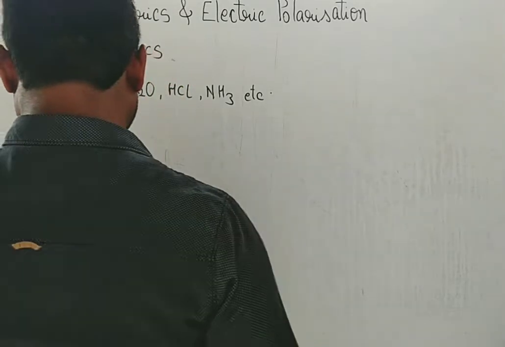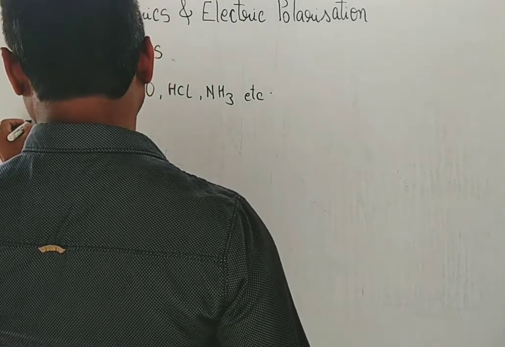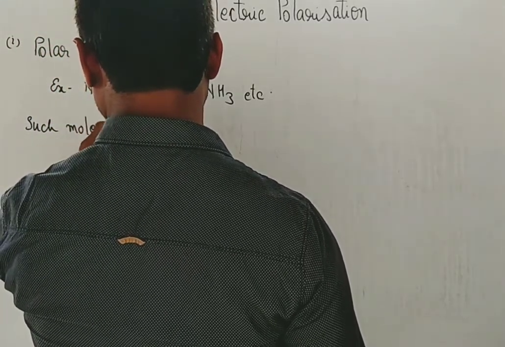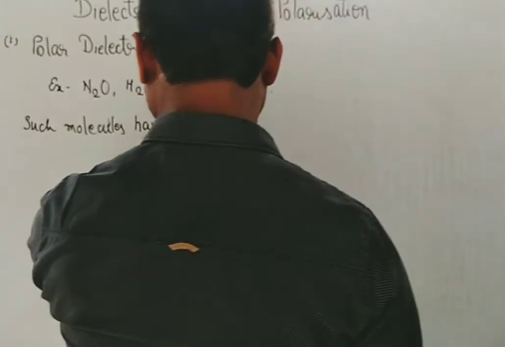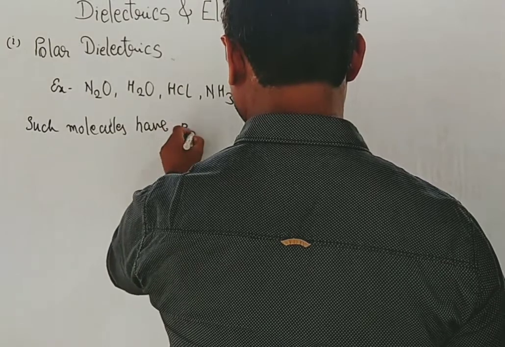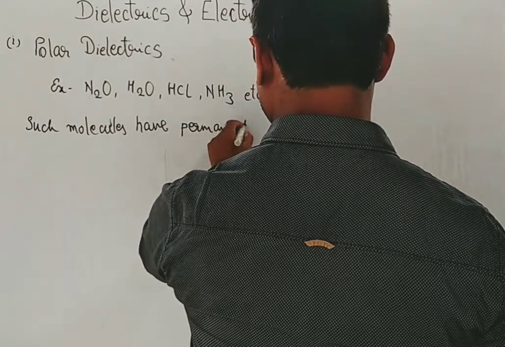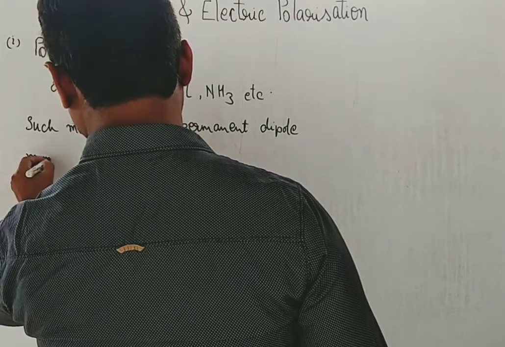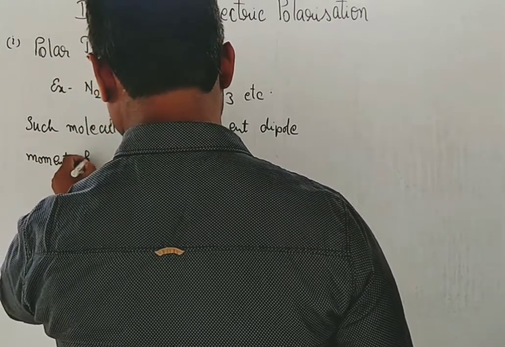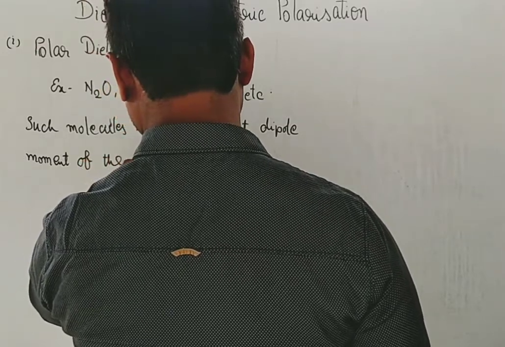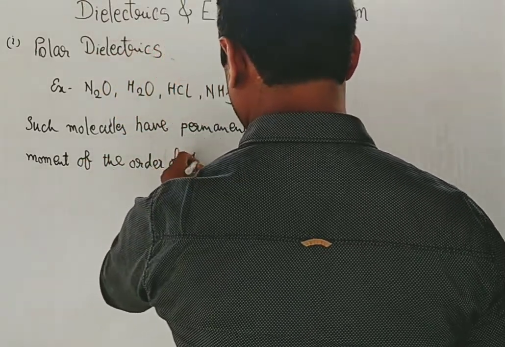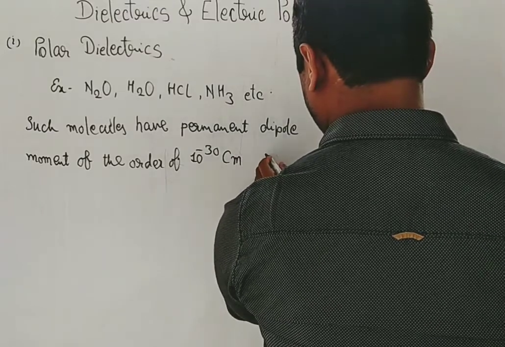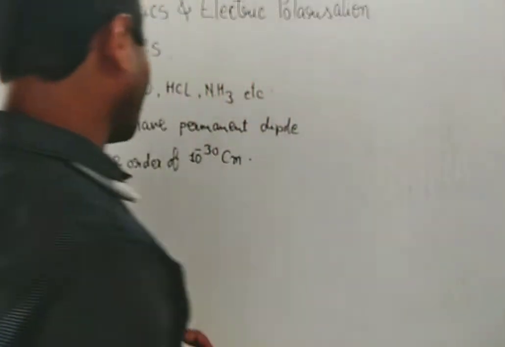So the polar molecules have permanent dipole moment of the order of 10 to the power minus 30 coulomb meter, and hence are called permanent electric dipoles.